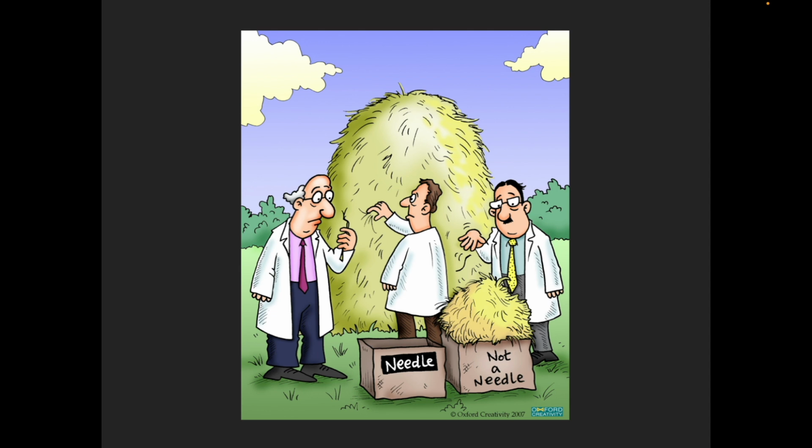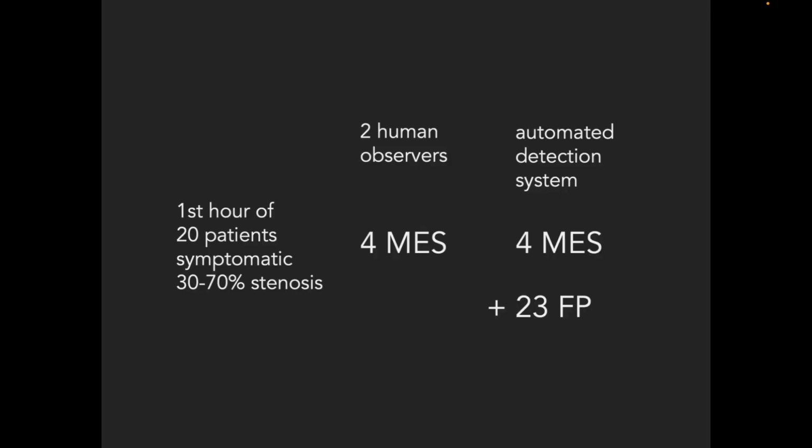And we indeed found a very, very low incidence of microembolic signals. 2 human observers analyzed 20 hours of TCD signals. Both detected only 4 microembolic signals. The automated detection system also detected these 4 microembolic signals plus an additional 23 false positives.